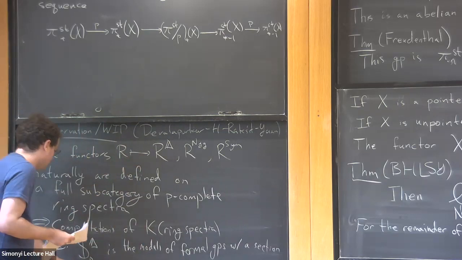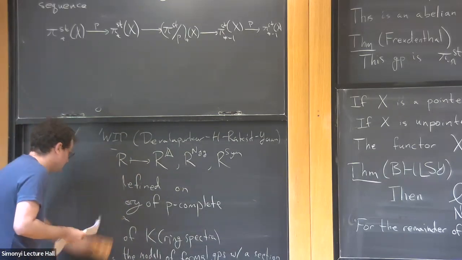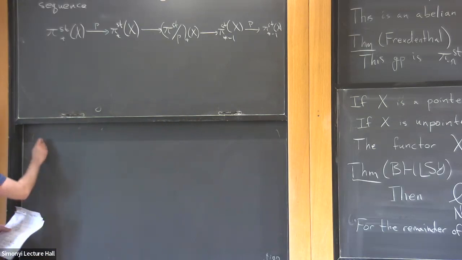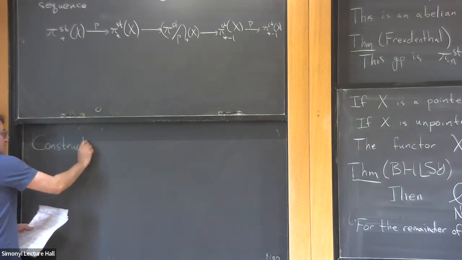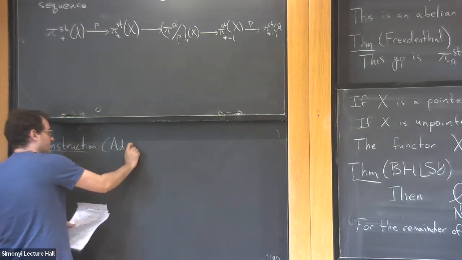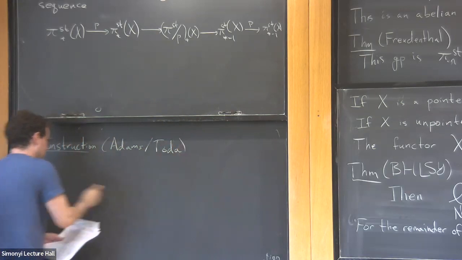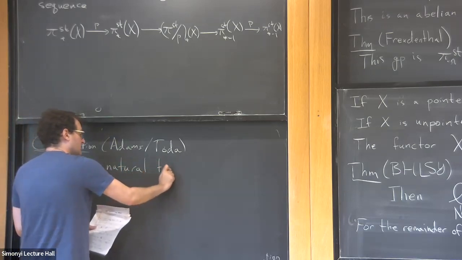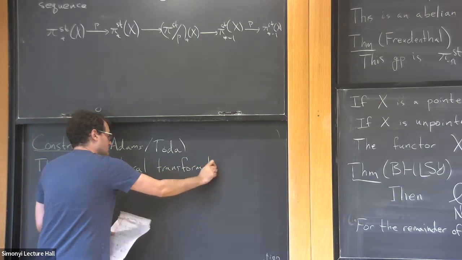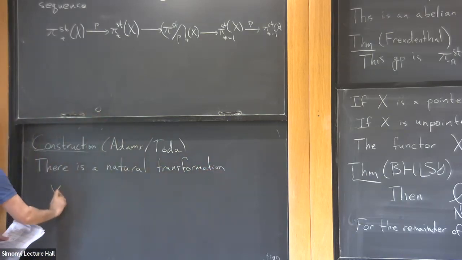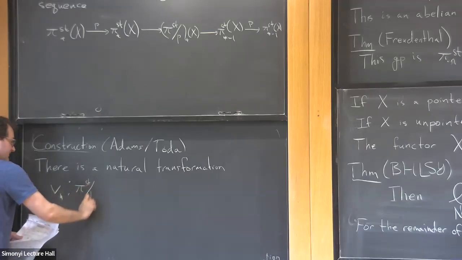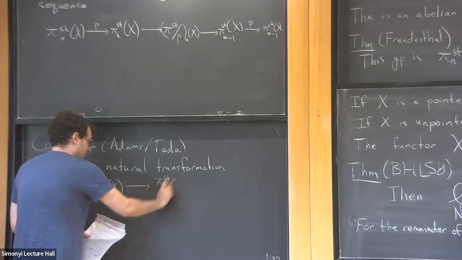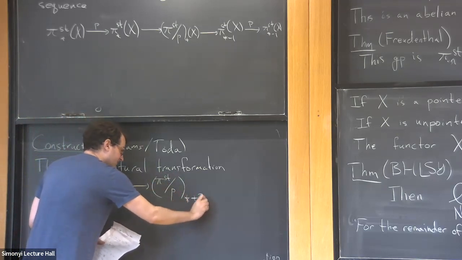Now there's an absolutely wonderful, beautiful, not totally transparent construction, maybe atoms and tota, so that there's a natural transformation V1, which goes from the mod P stable homotopy of a space to the mod P stable homotopy of that same space, but it shifts degree.